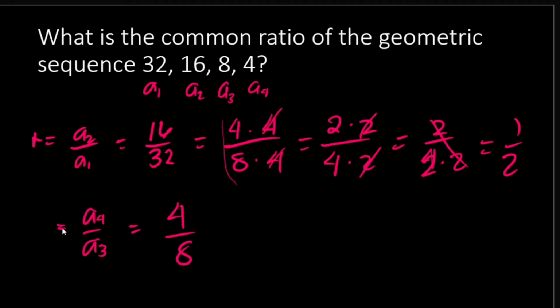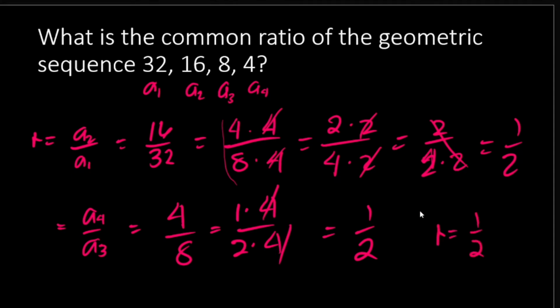So the answer is going to be 1/2 as well. 4 is 1 times 4, 8 is 2 times 4. We can cancel out 4, and the answer is 1/2. So the constant ratio of this geometric sequence is 1/2. R is equal to 1/2.